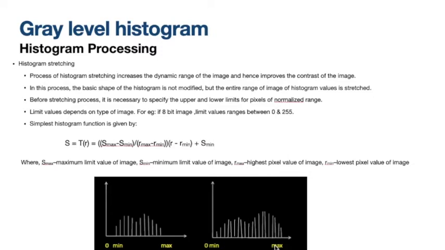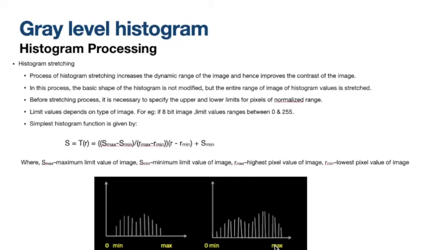So the limit value will depend on whether it is an 8-bit or 16-bit image. If it is an 8-bit image, the range will be from 0 to 255. In that image, you have to find which is the upper limit and which is the lower limit of pixels of the normalized range.